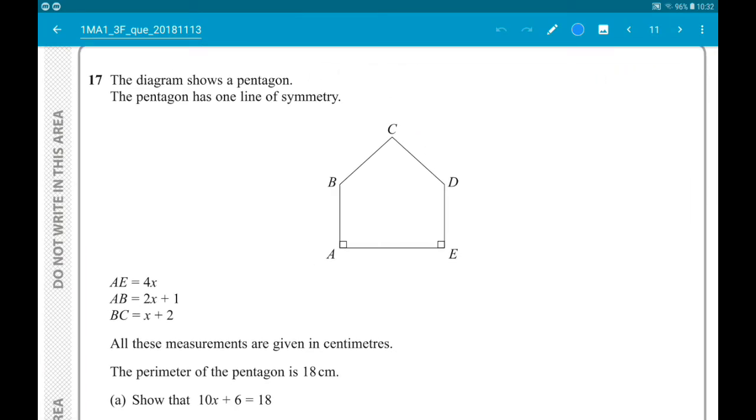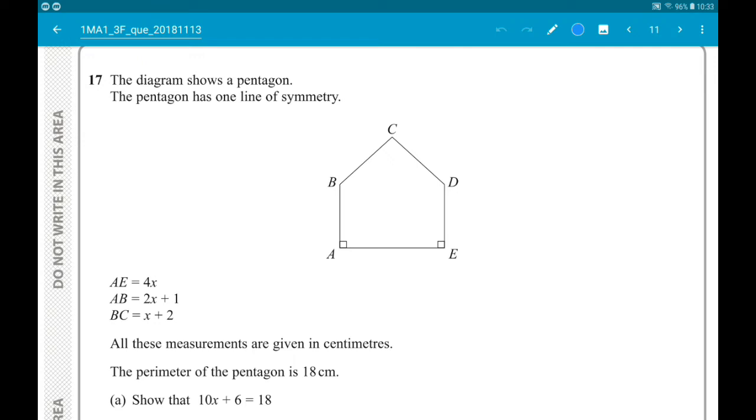Okay, number 17. So the diagram shows a pentagon. The pentagon has one line of symmetry. So that means it's not a regular pentagon. You can see that.